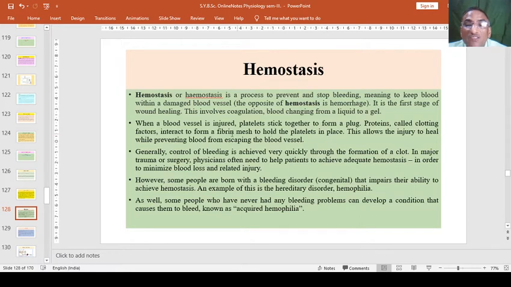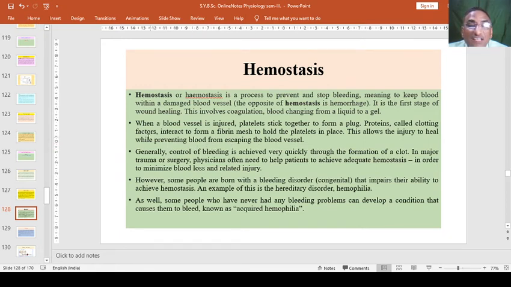They do not allow the platelets to flow outside the body. So platelets stop the bleeding at the place of injury, and this allows the injury to heal while preventing blood from escaping the blood vessel.